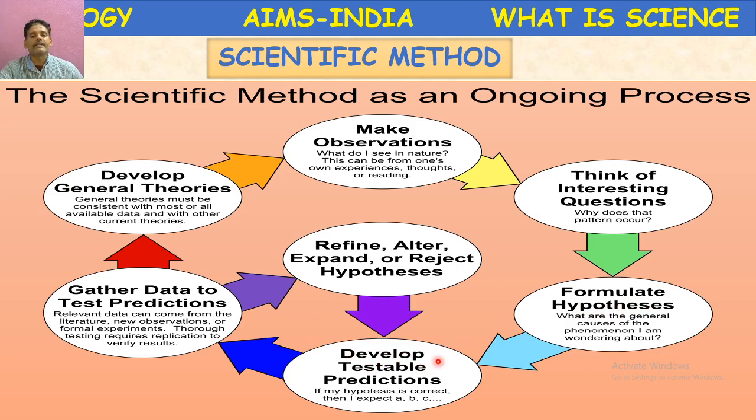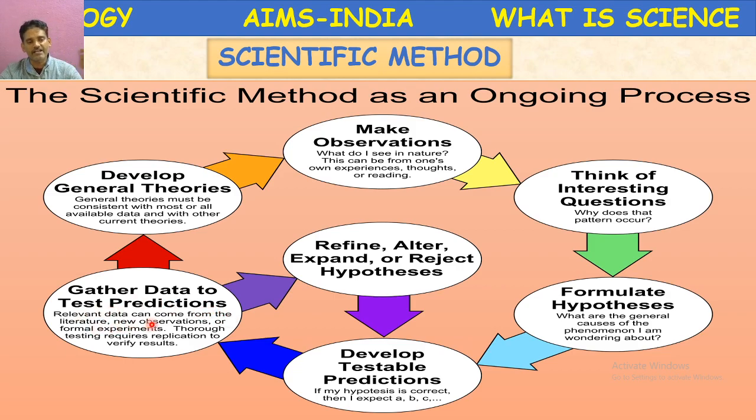Then, develop testable predictions. If my hypothesis is correct, then I can expect A, B, C. Like that, you have to predict. Prediction is very, very important. From those predictions, gather data to test the predictions.